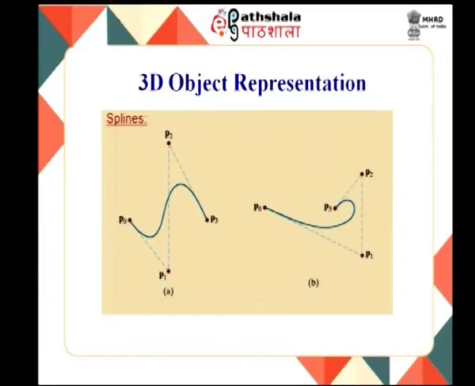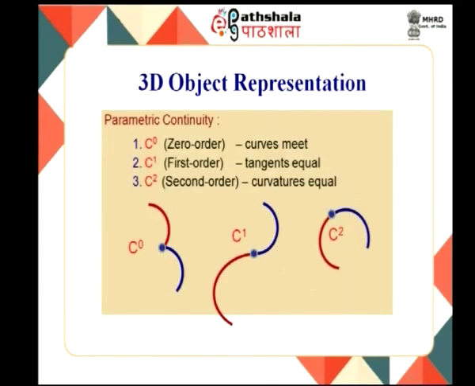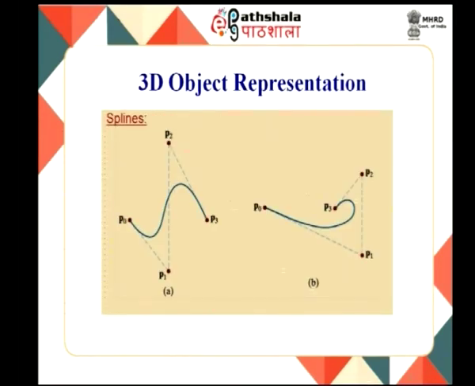As you can see here in the slide, there are 4 control points, P0, P1, P2, and P3, and you can see a dotted line connecting P0, P1, P1, P2, P2, P3, and that line is called a polyline, and the spline curve is a smoothly flowing curve from P0 to P3.